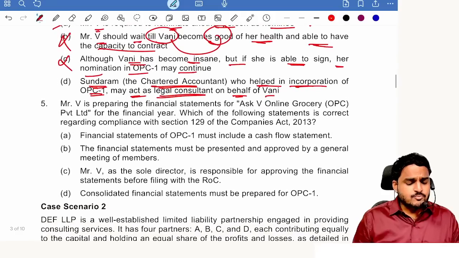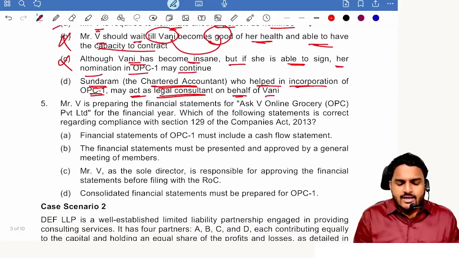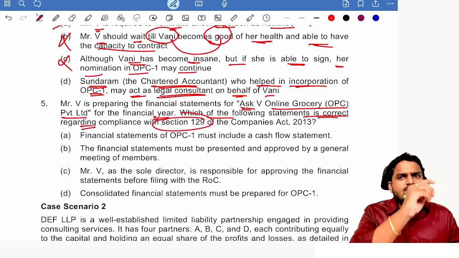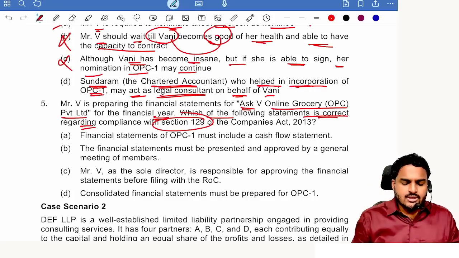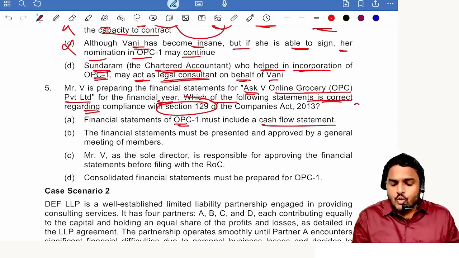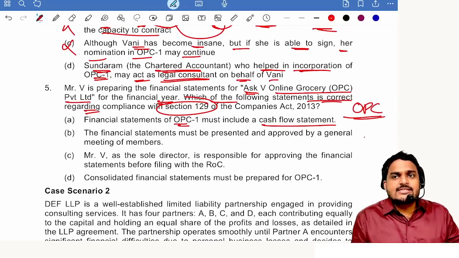Mr. V is preparing financial statements for ASKV Online Grocery OPC Private Limited for the financial year. Which of the following statements is correct regarding compliance with section 129? What is section 129? Financial statements. Financial statements of OPC 1 must include a CFS. OPC financial statements exclude CFS, not only OPC.